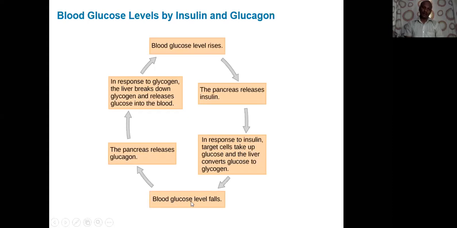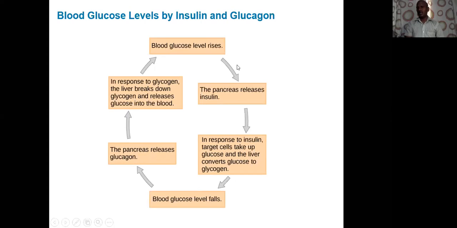And if you have reduced levels of glucose, glucagon will be secreted by the alpha cells, and then the liver will act, and glycogen will be converted into glucose. So these are two opposite actions.